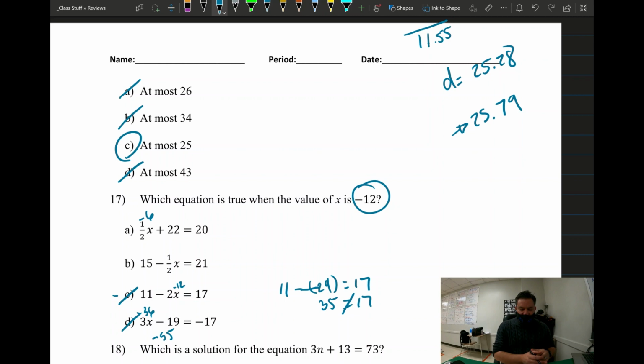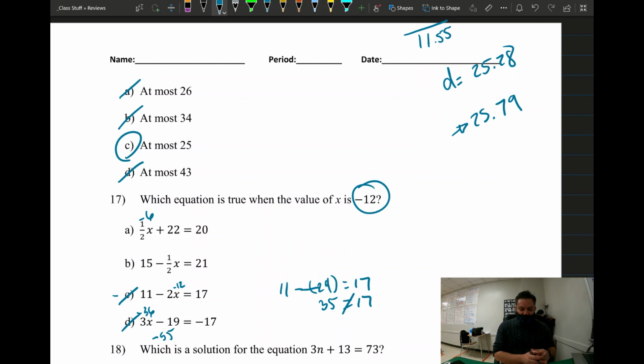Next one. Number 19. Which number is the solution for x? 7x equal negative 5. What? So this must be an equal sign right there. So I'm going to subtract 9 on both sides. So this is going to make a negative 4. It doesn't make sense.